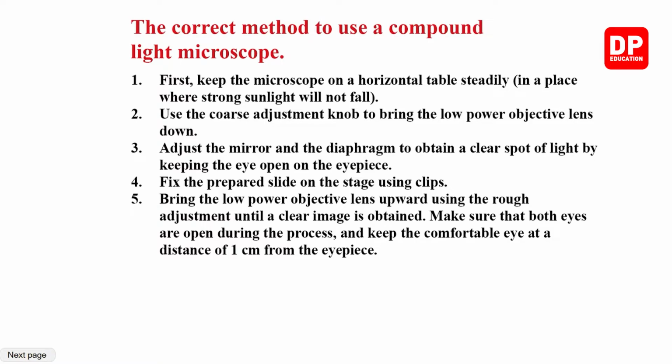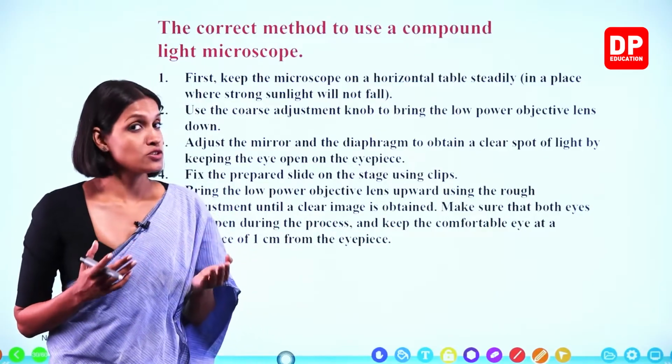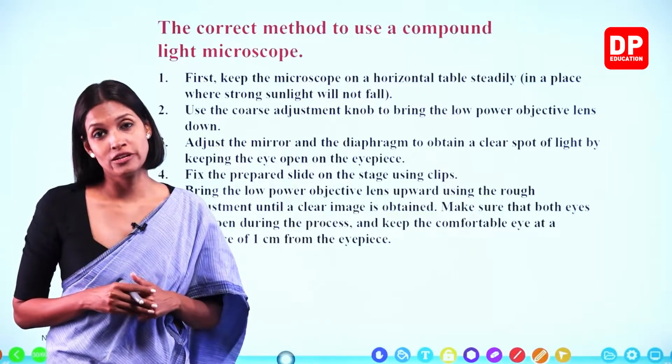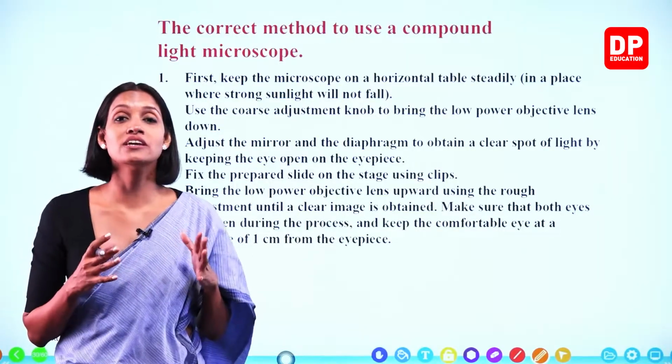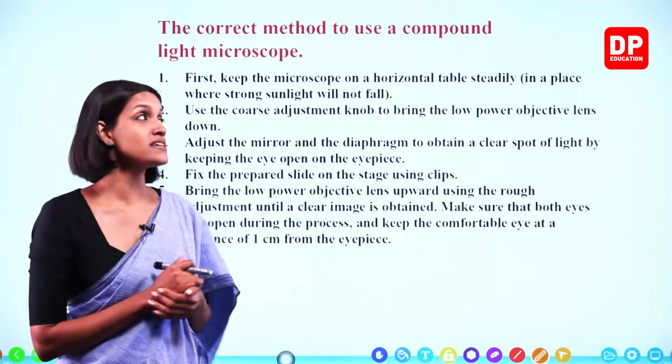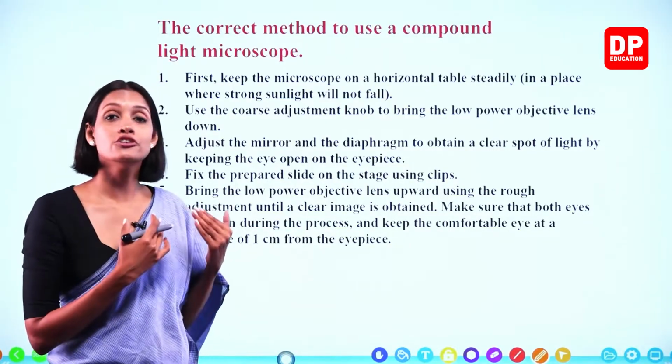The correct method to use a compound light microscope. When we use this compound light microscope, as I told you before, it is an expensive instrument. Therefore, we have to handle it with care. Right, children? So there's a certain way that you use it.